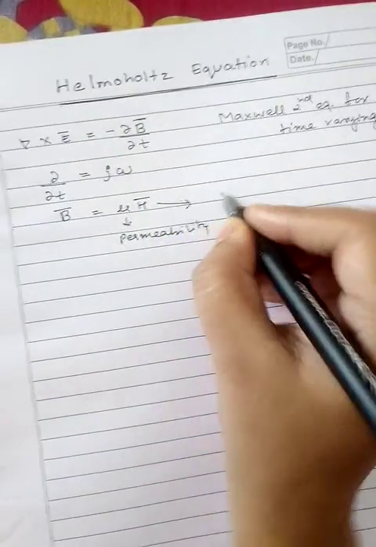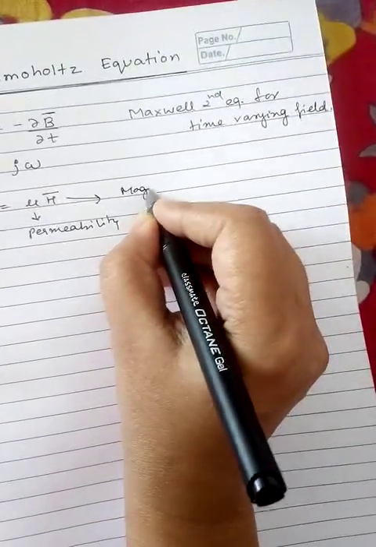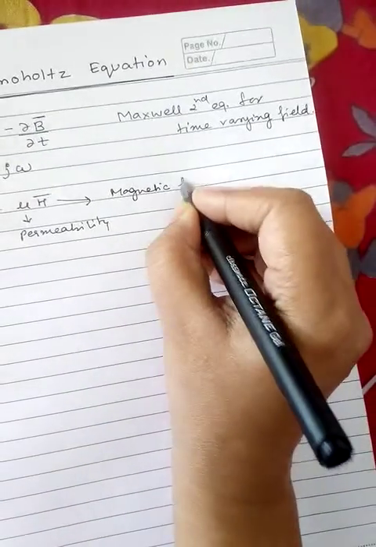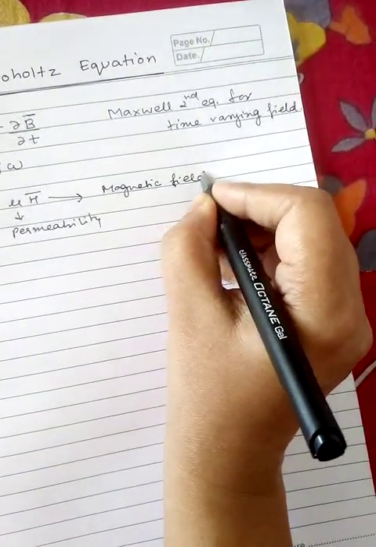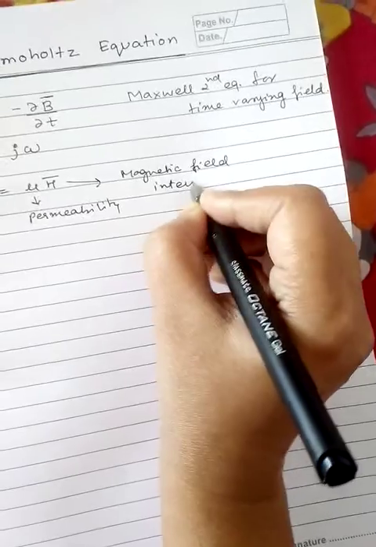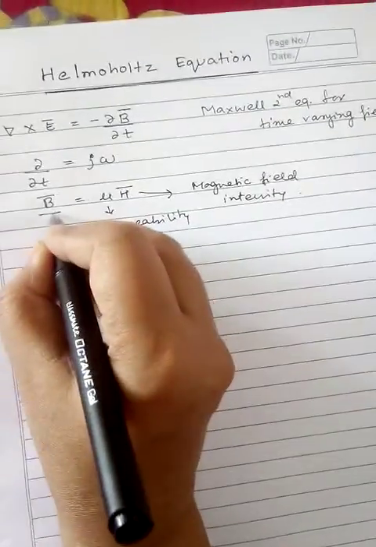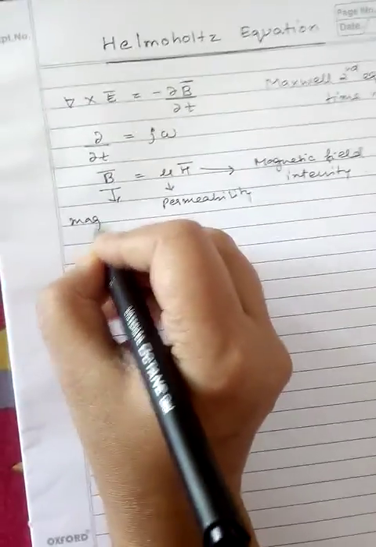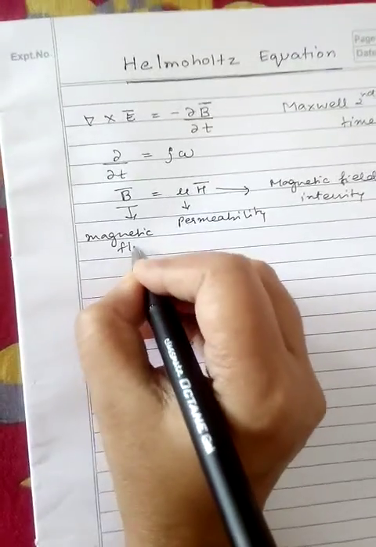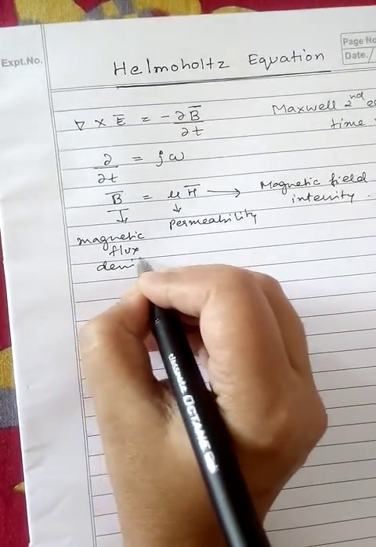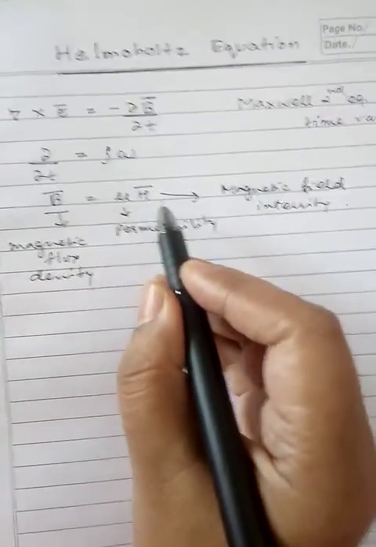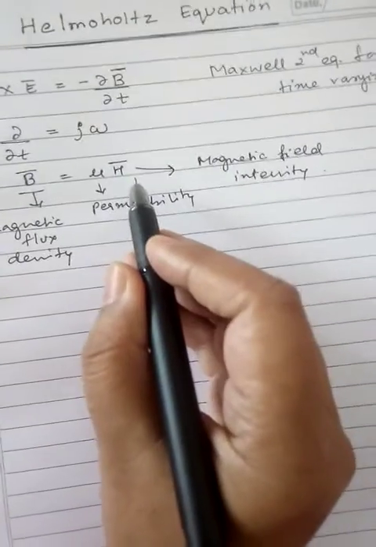H is the magnetic field intensity, and B is the magnetic flux density, and the relation between them is B is equal to mu H.